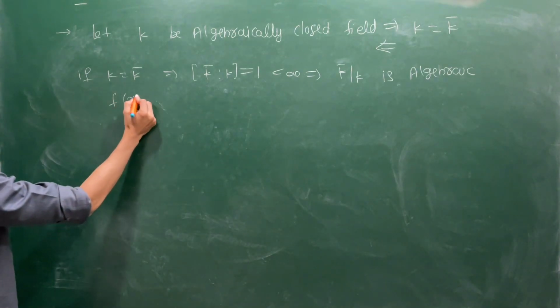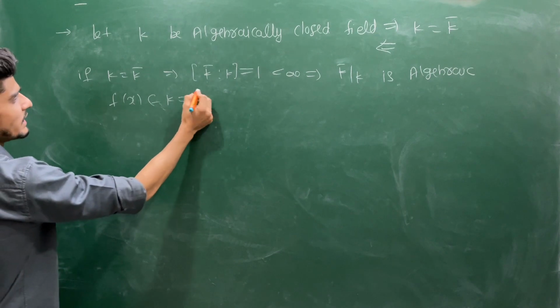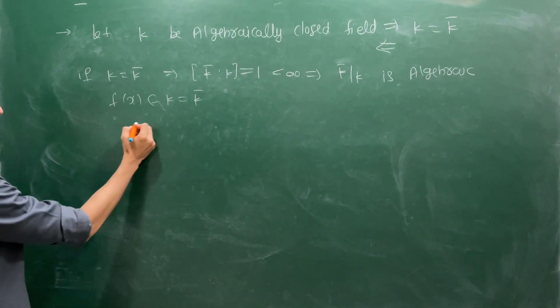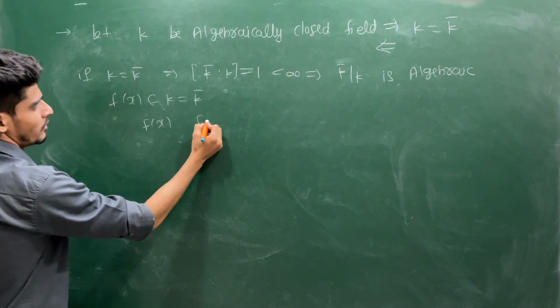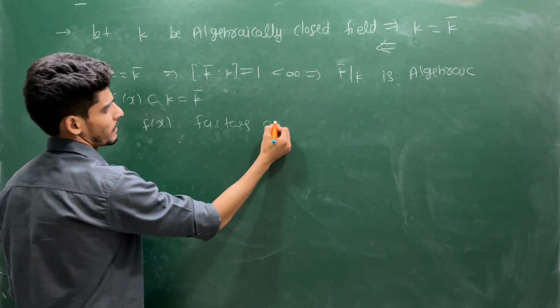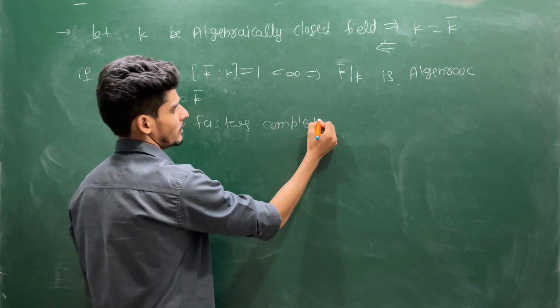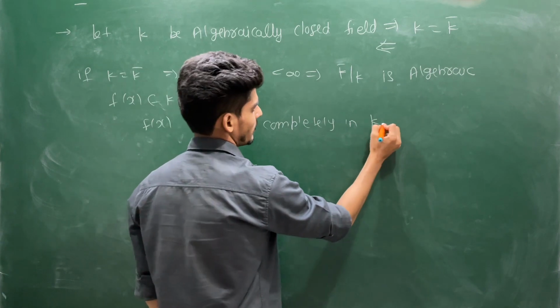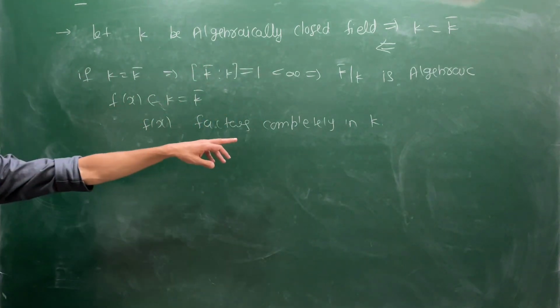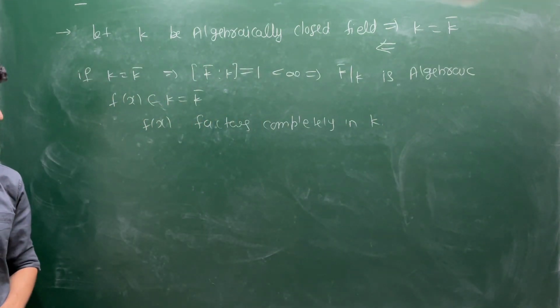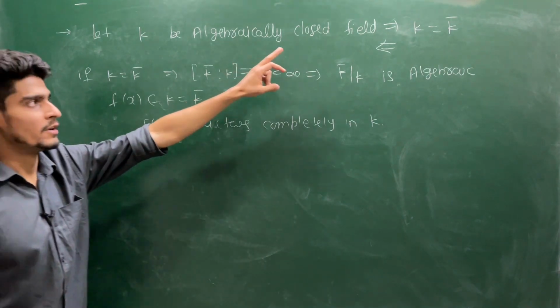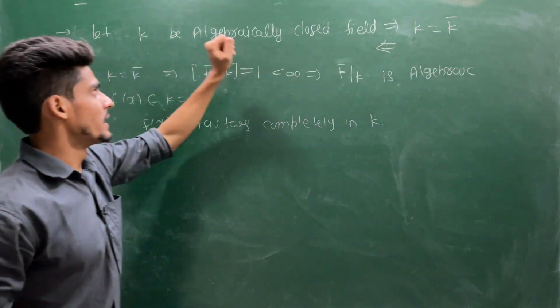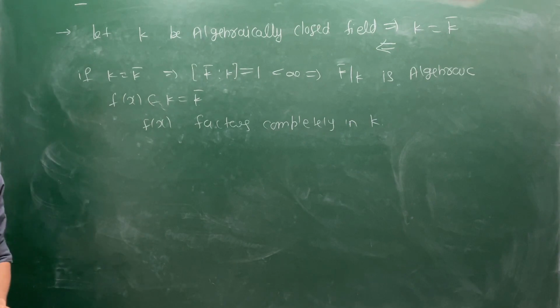So if you choose any polynomial in k, which is in k bar also, by definition f(x) factors completely in k. That means k is an algebraically closed field. So one way is trivial. If k and k bar are the same, then you have k to be an algebraically closed field.